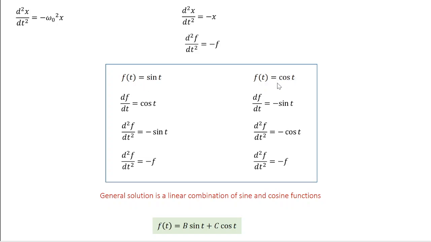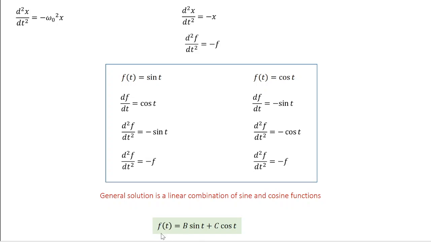Another option is the solution being cos t. Why? Once again, first derivative is minus sine t, second derivative minus cos t. So once again, the condition d square f by dt square equal to minus f is satisfied. So either your actual solution could be one of these, or the general solution is a linear combination of sine and cosine function.